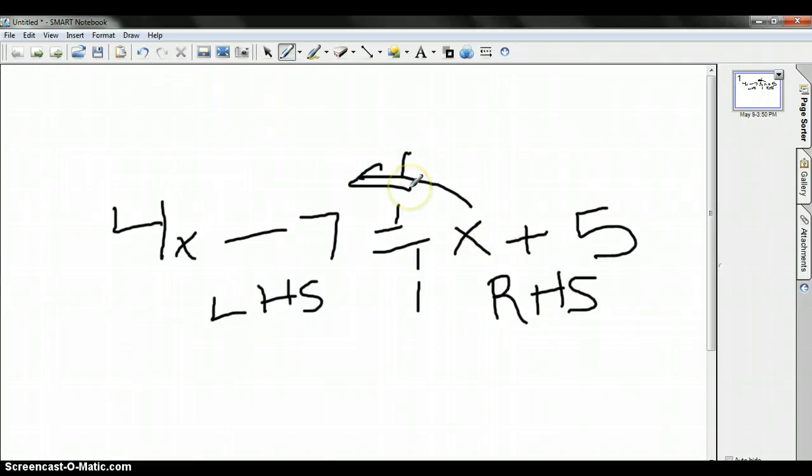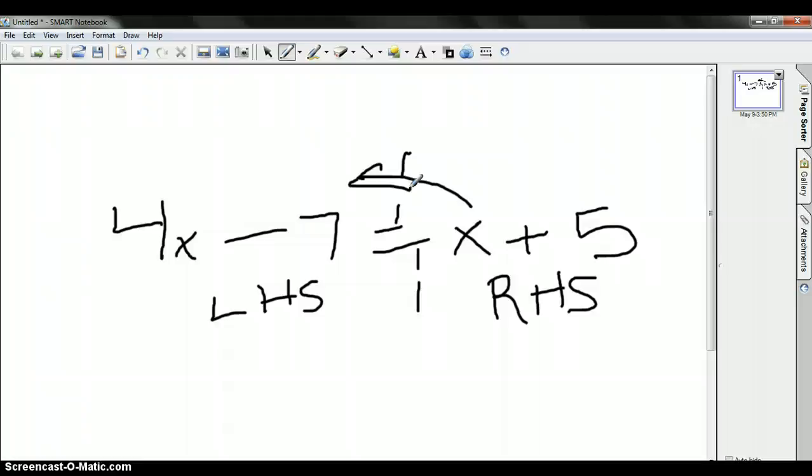If we remember back, if I have an x on one side and I want to get it to the left-hand side, eventually, not today, this is in the future, I want this to be an intro, so you're not going to be doing stuff like this today, but I want to show you where we're going.